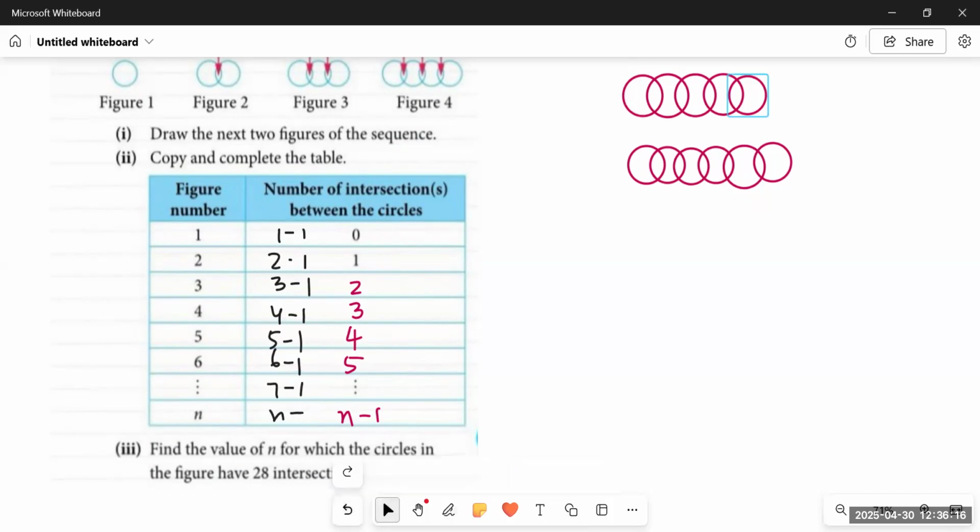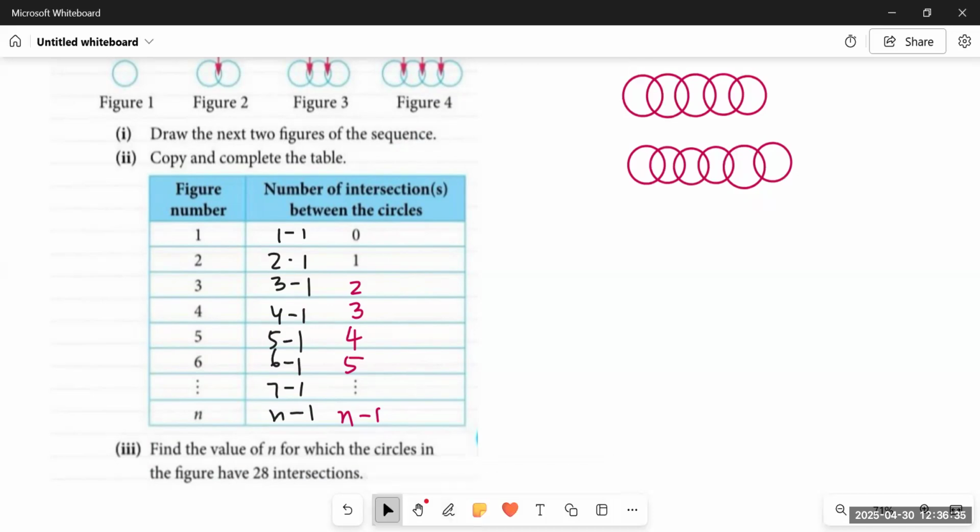This is how we will derive the formula. The figure number is given and the number of intersections is also given, so we have to write the formula. We will find the relation between the two. Whatever the figure number is, we simply subtract 1 from it to find the number of intersections.